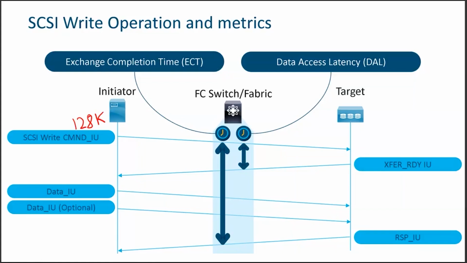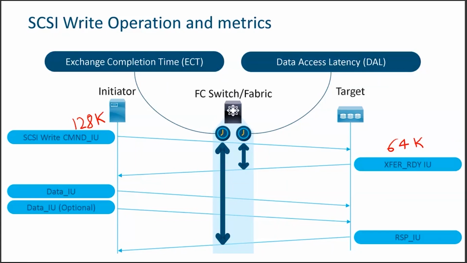The target may say, I just want to receive 64K because that's all I can do. It's really vendor dependent, architecture dependent. When you enable the solution, you don't really know what storage and different vendors' architectures there are. This goes back to the problem statement that we were talking about yesterday in the very beginning.